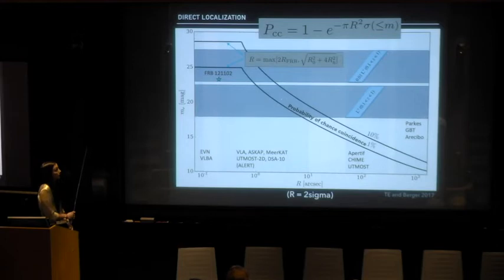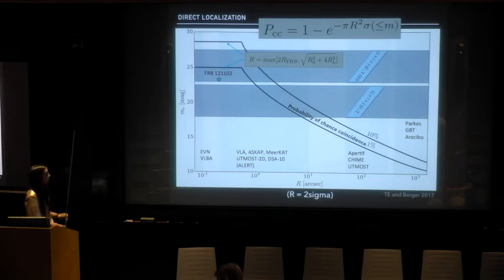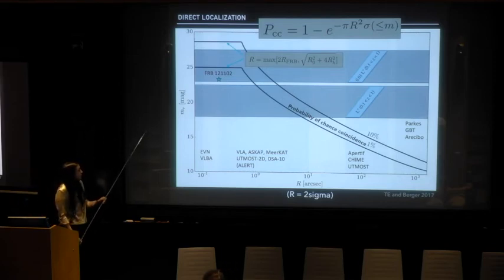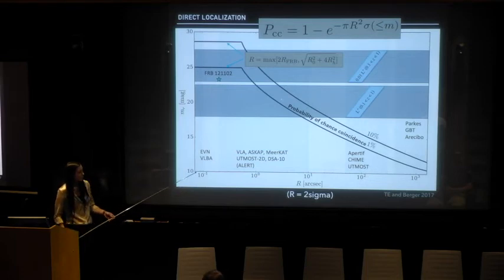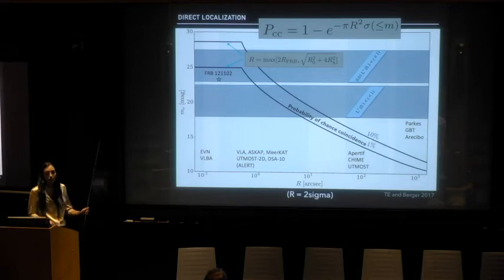And so I think it's worth assessing where we are today in terms of localization capabilities. Here I'm showing on the y-axis the apparent magnitude of a galaxy as a function of the localization region. This is essentially quantifying how likely it is for a source to be in your field purely by chance, and it's parameterized using galaxy number counts.